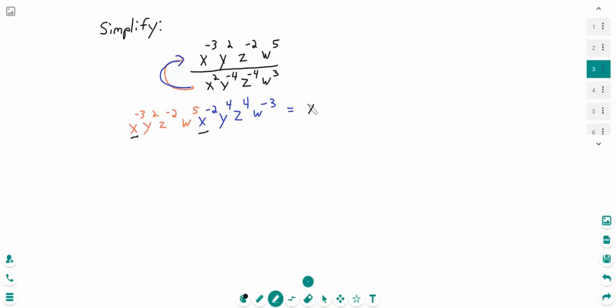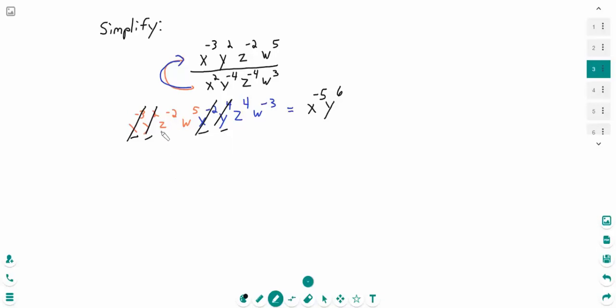If I add the exponents, I'm going to end up with x to the negative 5, right? So that one's taken care of. Then we have y squared. Do we have any other y's? Yes, we do. We have one right here. So y squared times y to the 4th, well, that's going to give us y to the 6th. And again, we're done with that one. I'll just cross it out so we don't get confused on where we've been already.